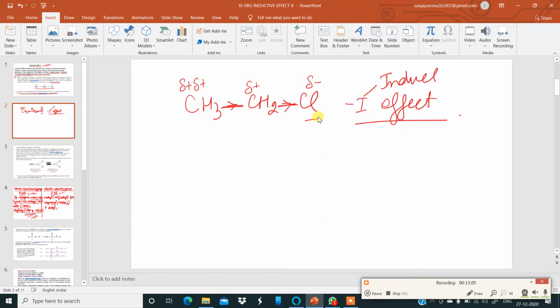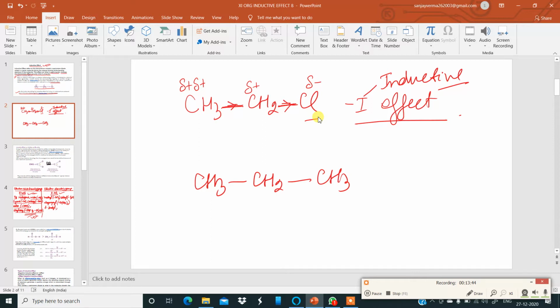When I say I, it is definitely inductive effect. The other one is plus I effect, which I'll explain with the help of an example over here. Now that is called plus I effect, where I will take one example. If I take CH3, CH2, CH3, and here there are no groups like Cl or whatever, then here I will try to introduce a group, a substituent which exerts plus I effect.